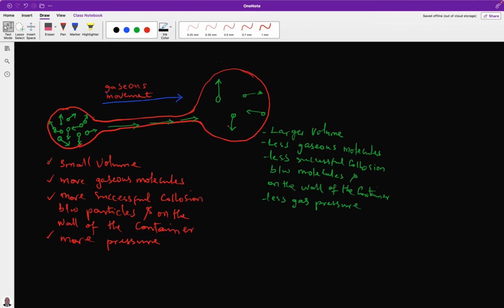Between these two sides, there is high pressure here and less pressure here. When there is high pressure here, as a result of more frequent collision between the particles and the walls of the container, what happens?